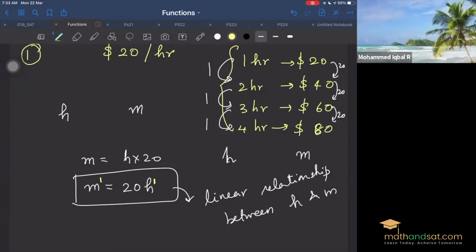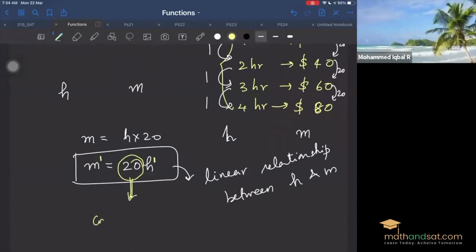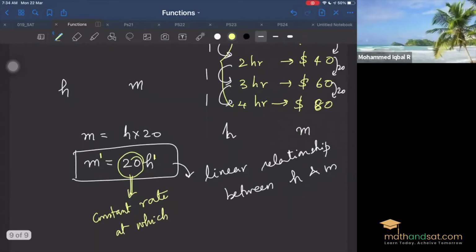Now, what does 20 represent here? It represents the constant rate at which you are paid, right? Every hour you're getting the same amount of money. So this represents the constant rate at which you are paid.